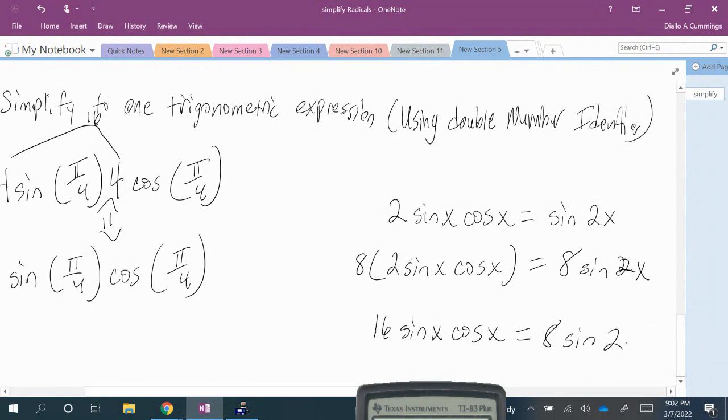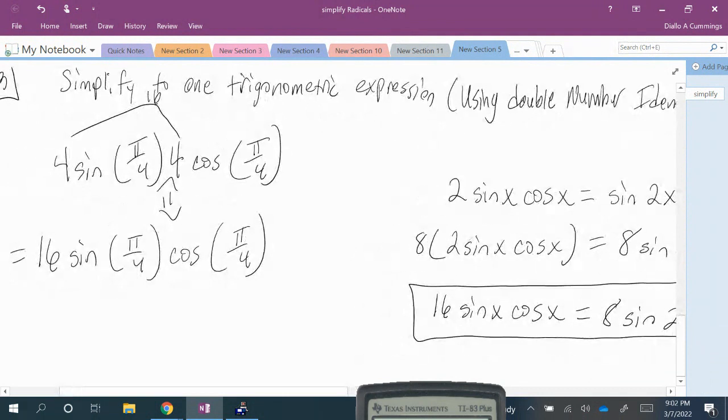That's equal to 8 times the sine of 2x. And this is my new manipulated formula. Now they kind of fit. I have 16 sine x cosine x, and in this problem, I'm given 16 times the sine of pi over 4 times the cosine of pi over 4.